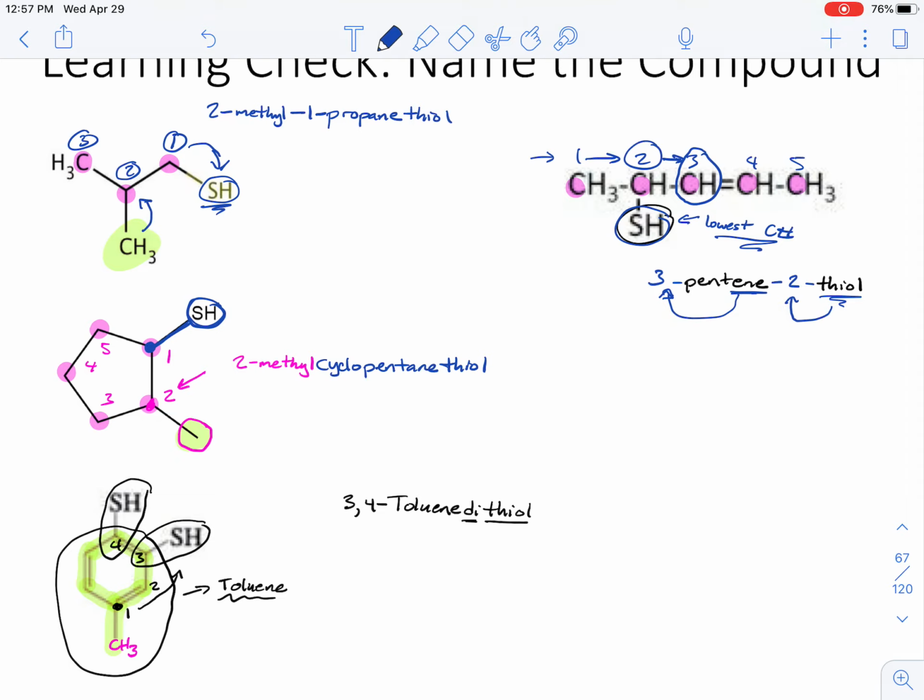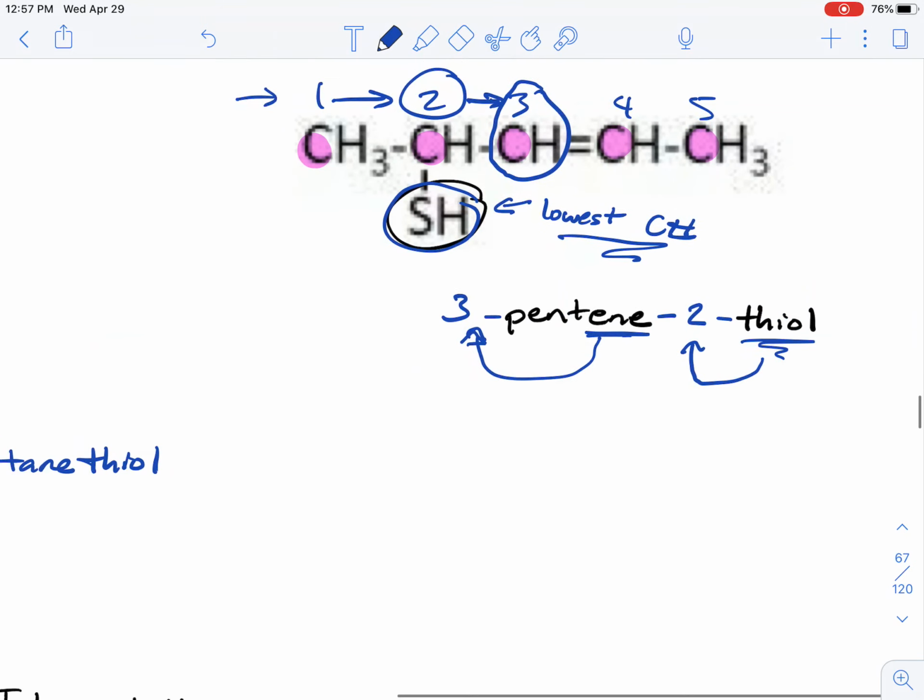And you guys can apply the same logic for triple bonds as well. And so instead of it being 3-pentene, it can be like 3-pentyne or something like that. But the main idea is that the carbon number is going to be between the name of the double bond and the functional group, in this case, the sulfhydryl group.